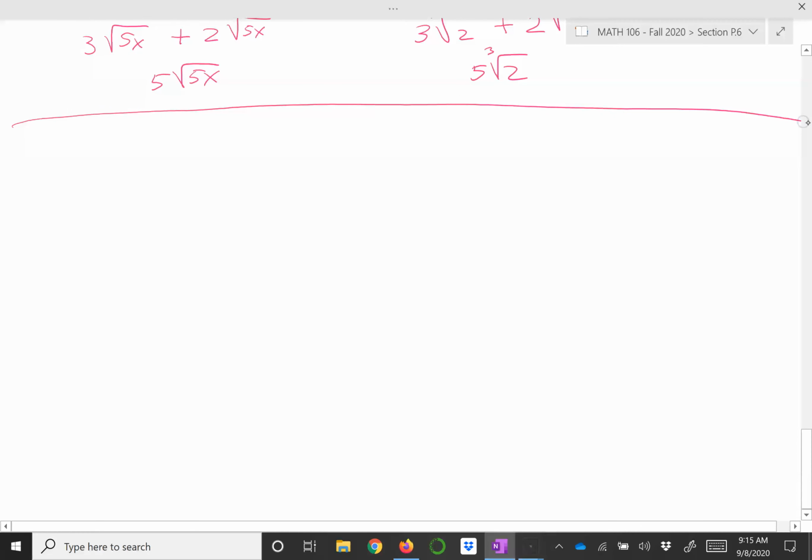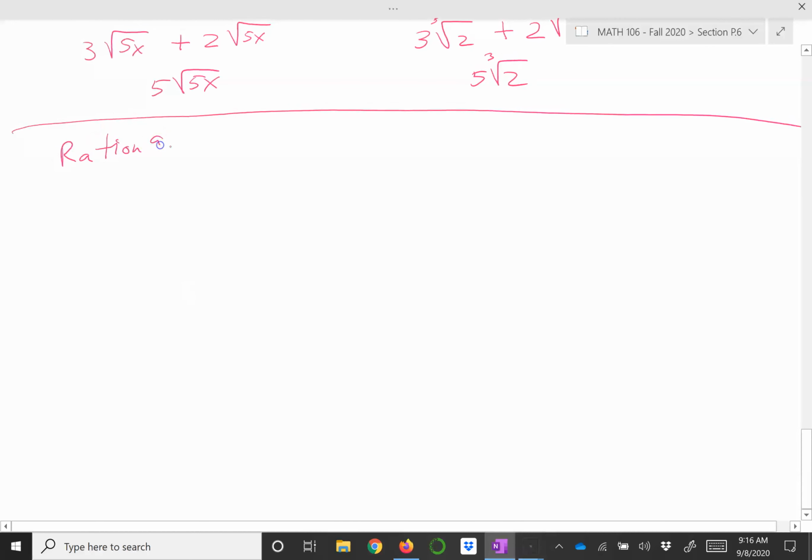The next topic. And again, these are all topics that you're going to need later on at some point. Maybe not necessarily here in this class, but somewhere else. All right. The next one is, and I don't think these are too bad either, rationalizing rational expressions.